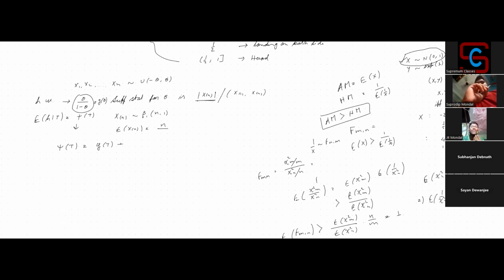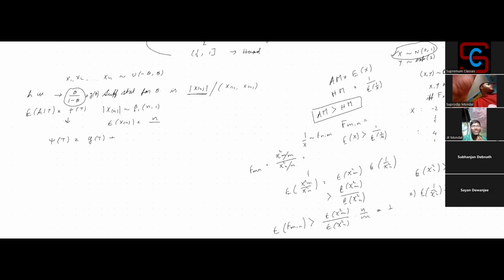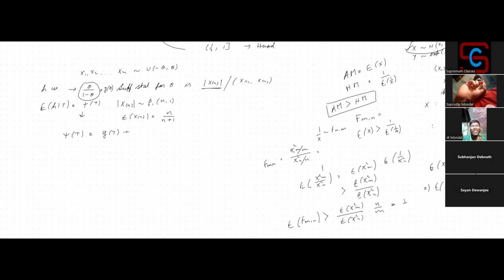You know the distribution of the mod of X order n, right? So use that. What is the distribution of mod of X order n? You have written that it is beta n comma 1. Will it be n by n plus one?